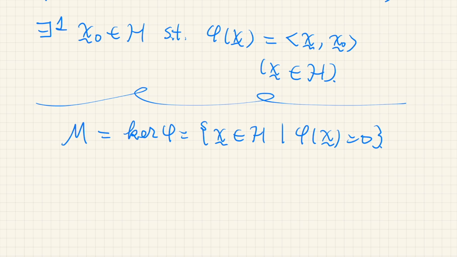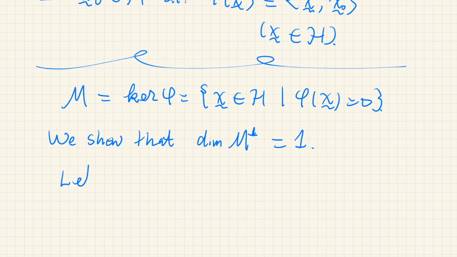Okay, and we show that the dimension of M complement, the orthogonal complement of M, is 1. Okay, first let z be a non-zero element in M complement.